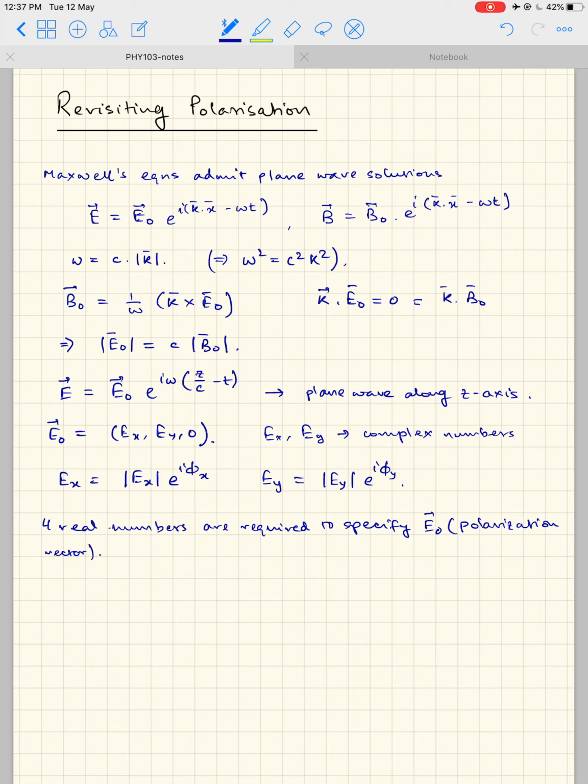So we will call phi as phi x minus phi y, the phase difference between Ex and Ey.